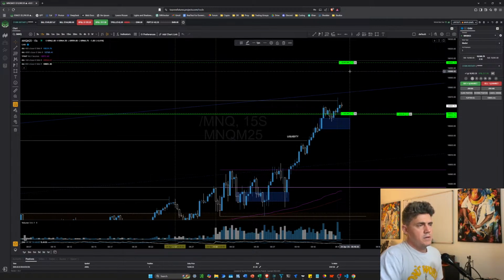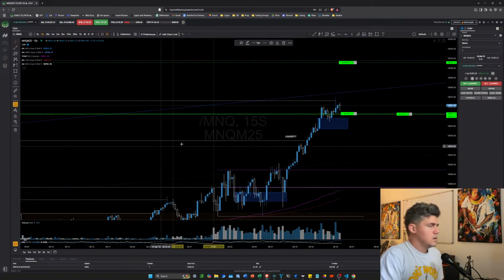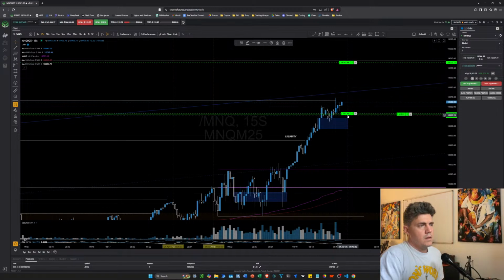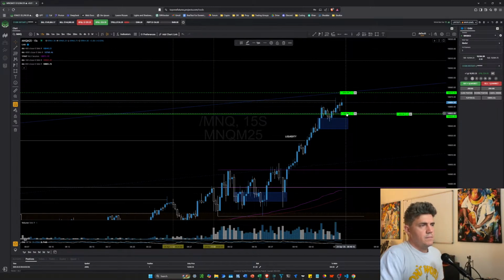Let's see if we can get a genuine bullish movement, push through this level. Do I want to go short if this fails is the question. Take a small win here and then re-enter if I can.